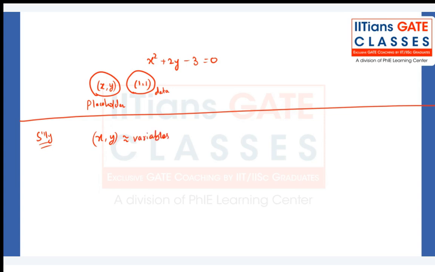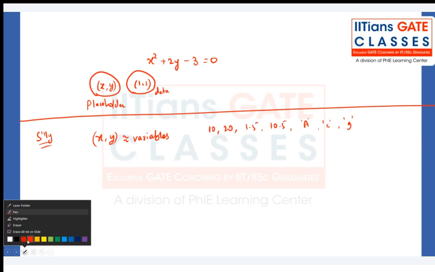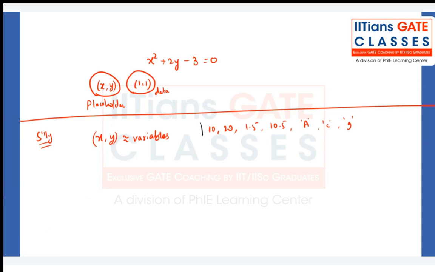These variables can have different types of data. It can be 10, 20, it can be some decimal value, it can be some letters, it can be a symbol, a comma. There are different types of data in computer science, and depending on the type of data, there are some predefined types which can store this data, and we must be aware of these.